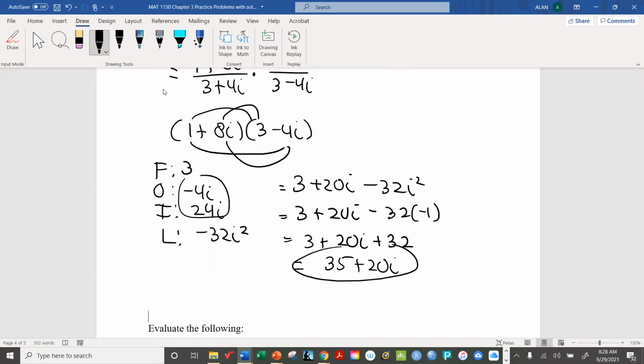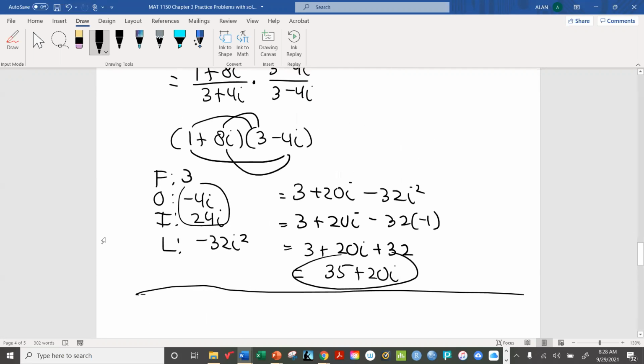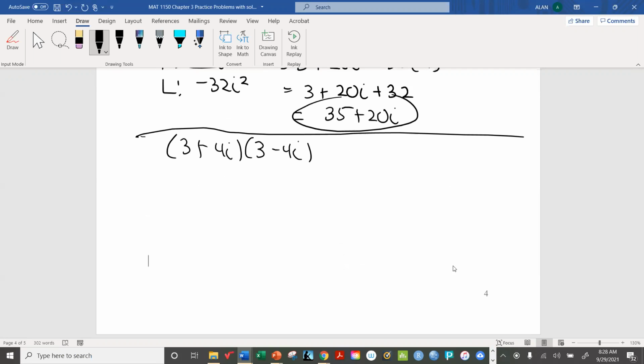Now the denominator. All right, so for the denominator, we had 3 plus 4i, 3 minus 4i. Okay, so let's apply FOIL to that. And you'll see it will reduce to a constant, a real number.